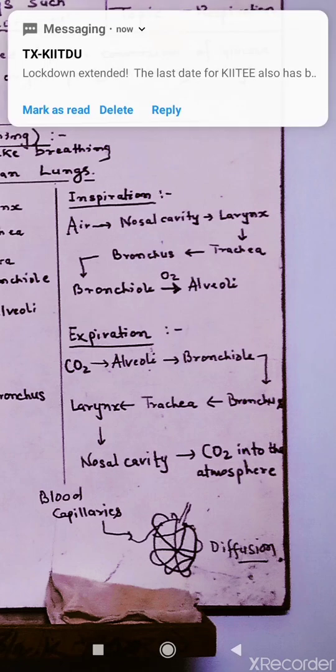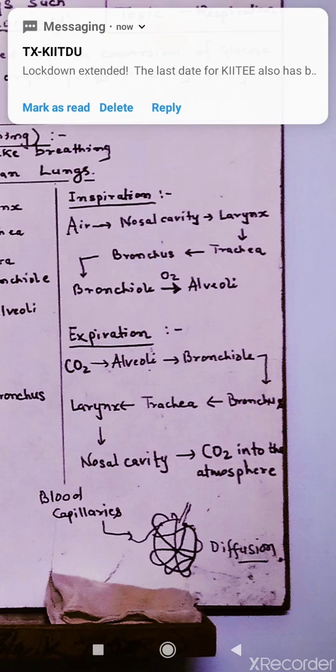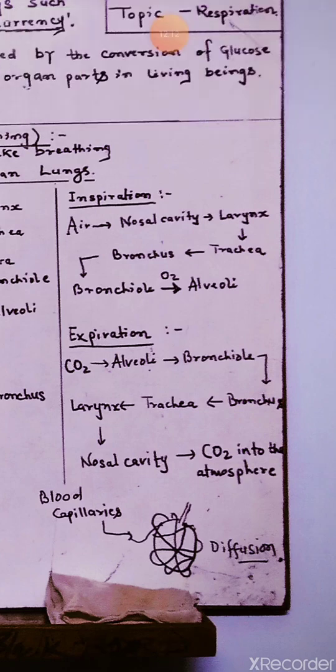O2 is used up, and after decomposition of glucose, CO2 is formed, and such CO2 finally comes into the alveoli by the same process, the diffusion process. And later on, the important function of expiration is needed, because CO2 is a toxic gas in our body.